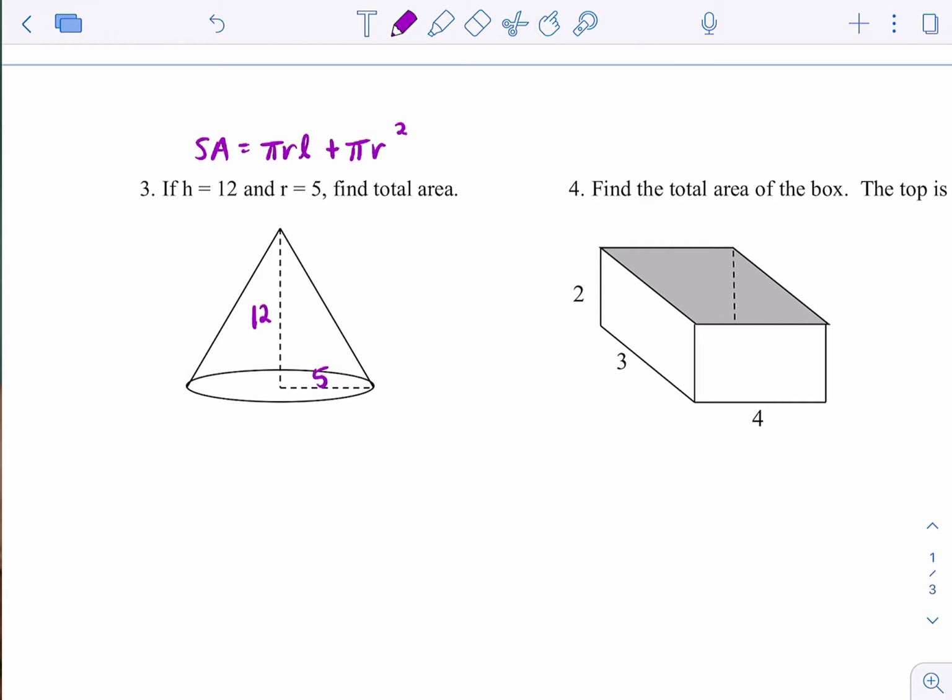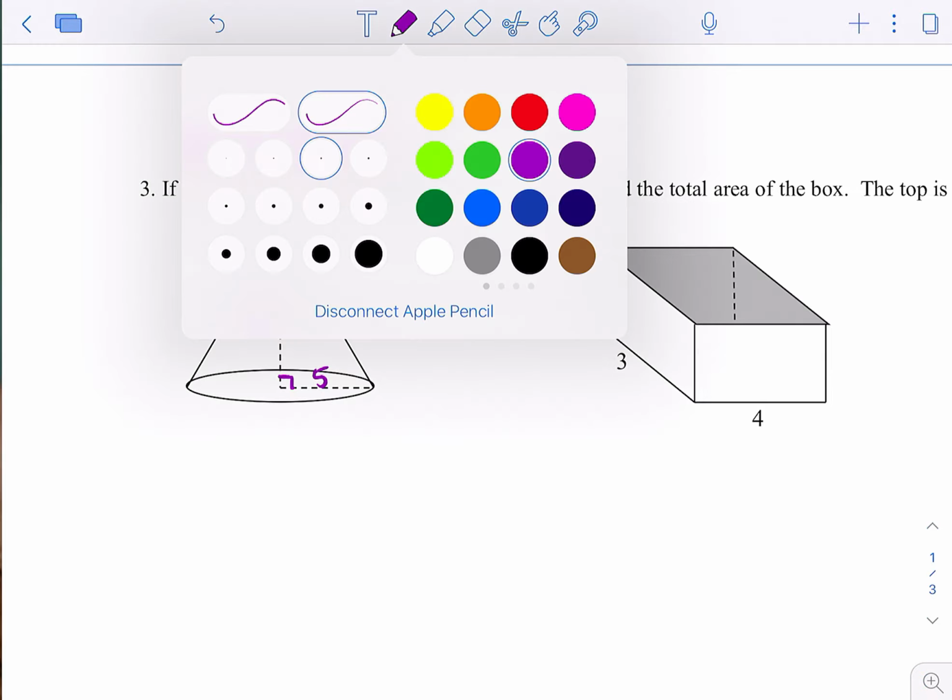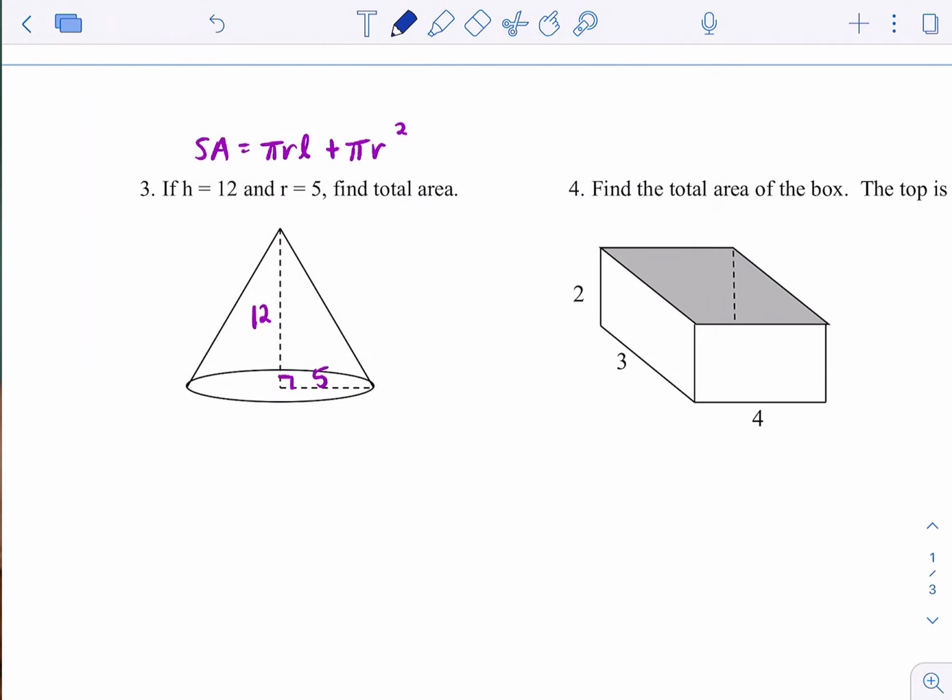So we want to ask ourselves, do we have everything that we need? And unfortunately, we don't have the slant height, so we need to figure this out. Remember that the height and the radius do form a right triangle, so that makes our slant height, this is a 5, 12, 13 triangle, and so we can calculate this to be 13.